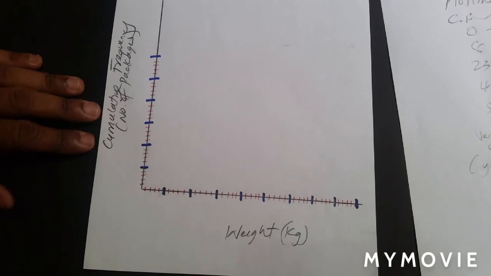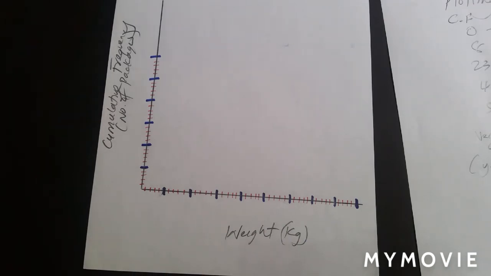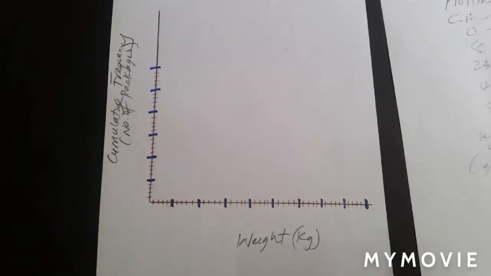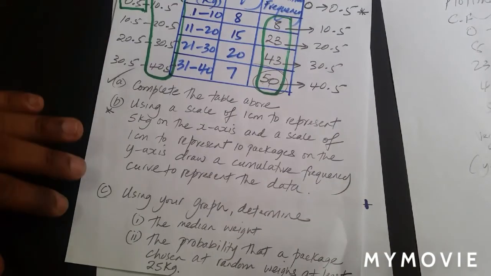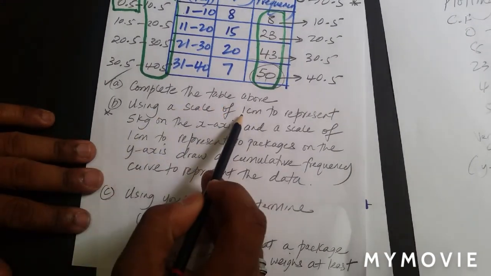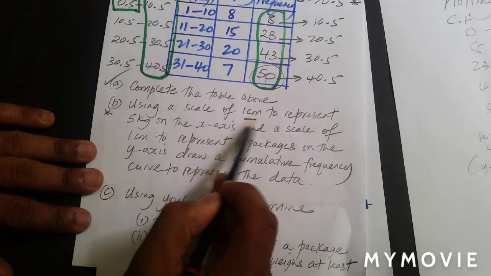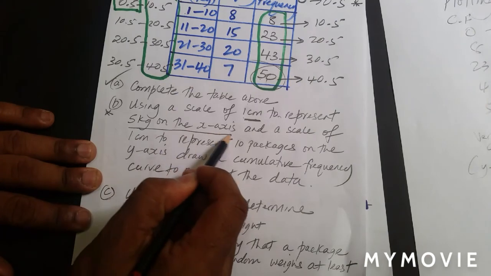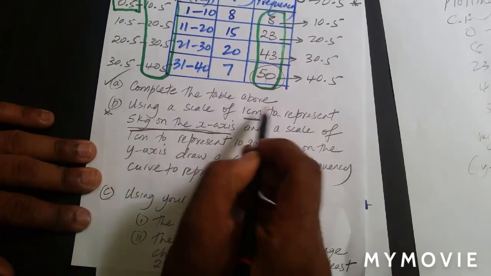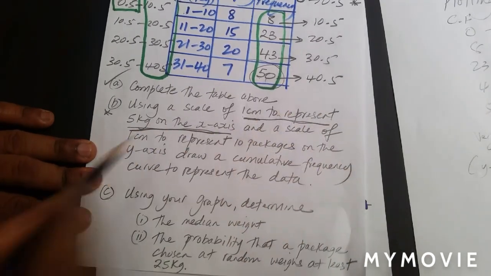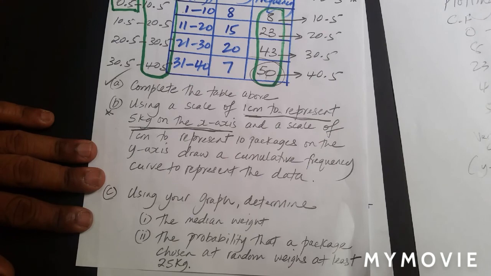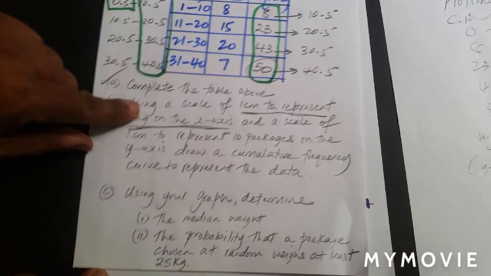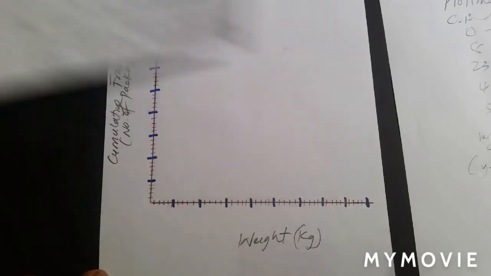All right, so the next thing we need to do is look at the scale and then number each axis based on the scale. So it says here that using a scale of 1 centimeter to represent 5 kilograms on the x-axis. So for every 1 centimeter, you're going up by 5 kilograms.